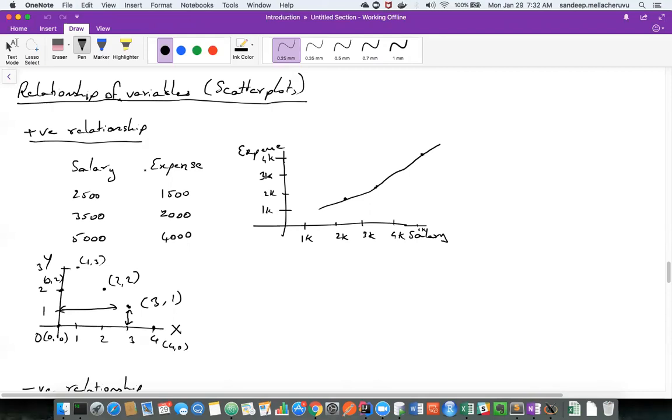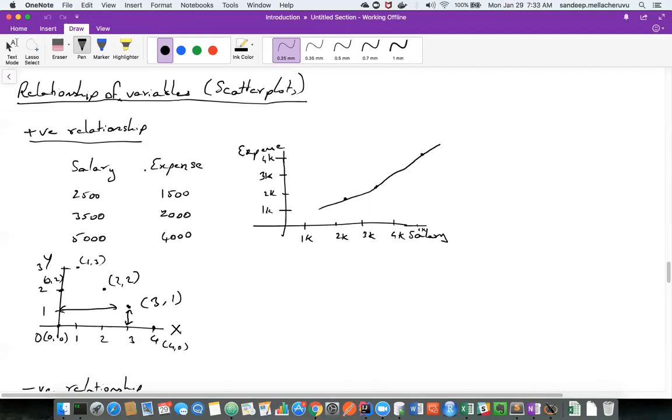What is the proportion of increase of expense depending on the salary increase? Your salary increased by 20%. Is your expense increasing by 10% or 5% or 1%? That is the strength. Are you clear? Yes, Sandeep. Strength shows you how closely they are related. You are saying they are related, but how closely?